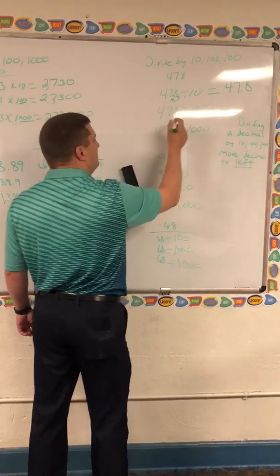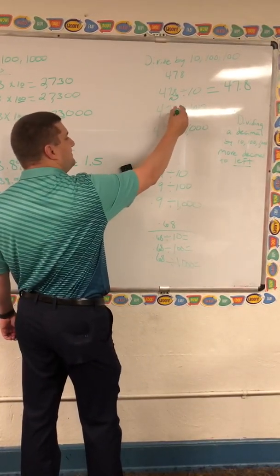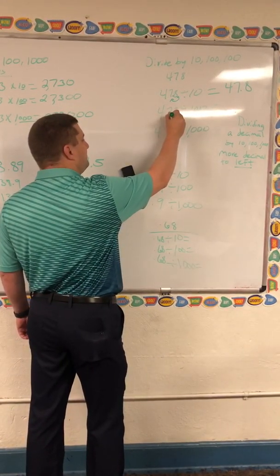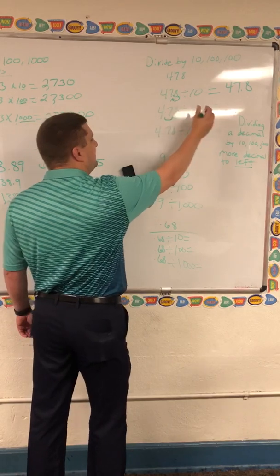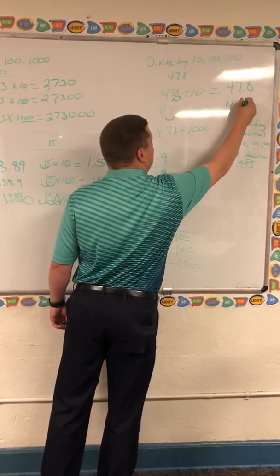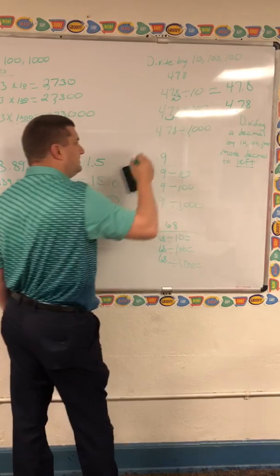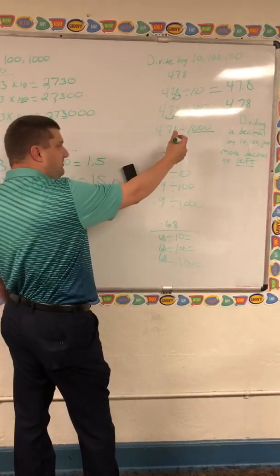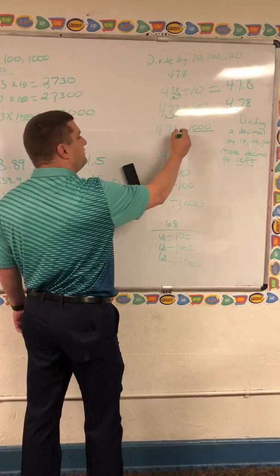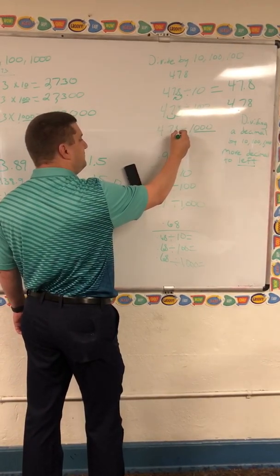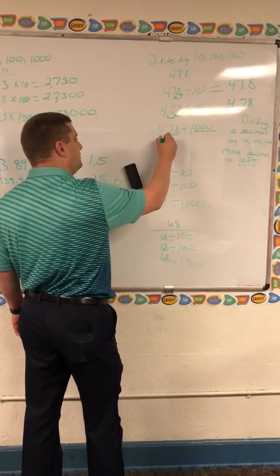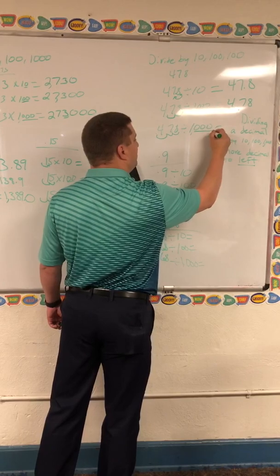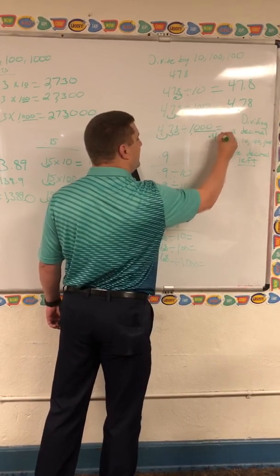There's 2 zeros, so your decimal is going to be moved 2 times. So left once, left twice, and that equals 4.78. And last but not least, when you divide by 1,000, 3 zeros, so you move it over 3 times. 1, 2, 3. So that gives you the answer of 0.478.